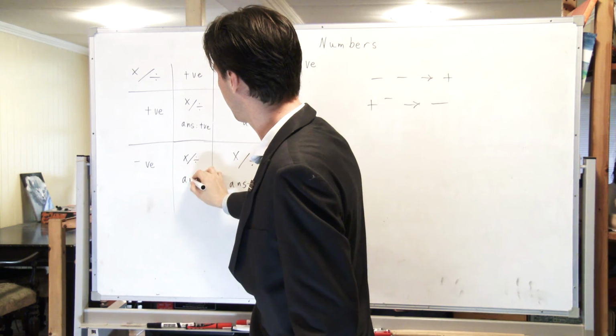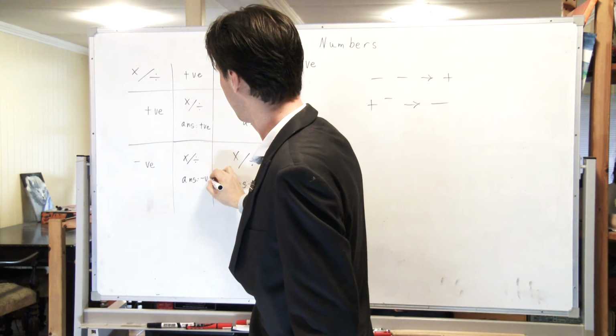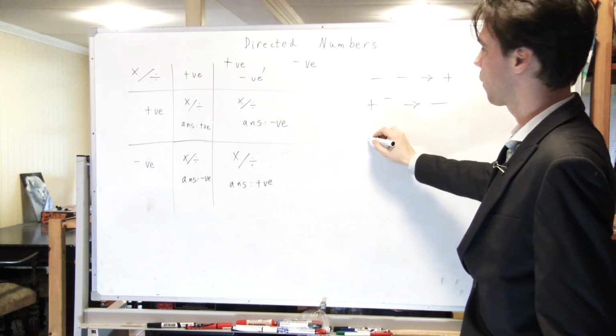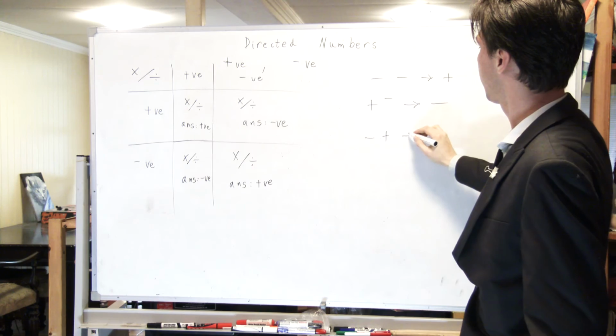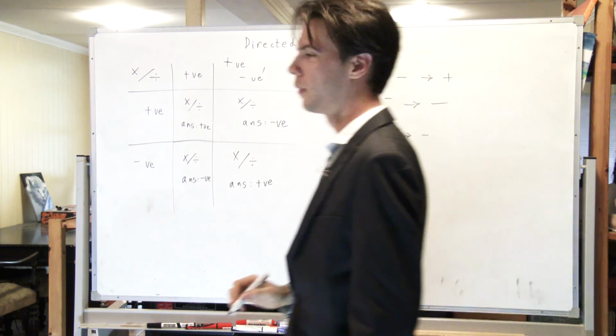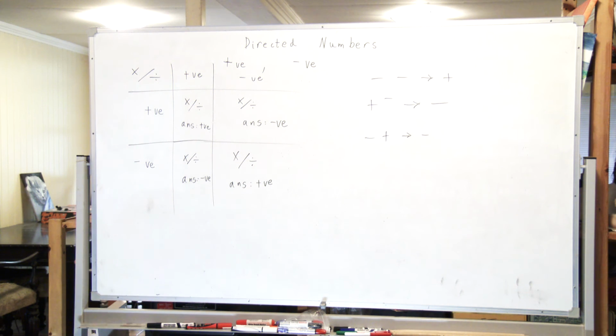Multiply or divide as normal, your answer becomes negative. Because, just like before, negative and a positive make a negative. So in a lot of ways, multiplying and dividing directed numbers is more straightforward than adding or subtracting them. But that's good because it's less work for us.